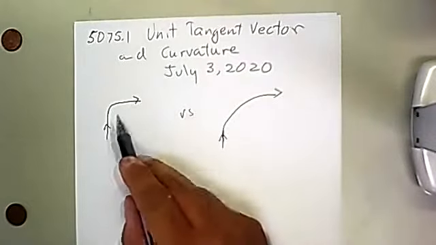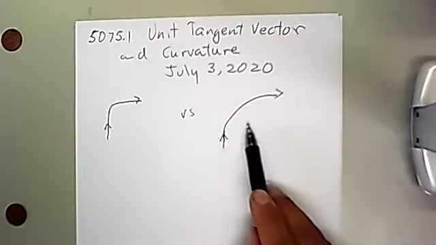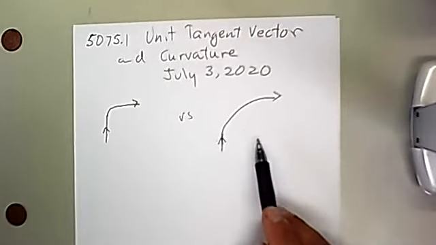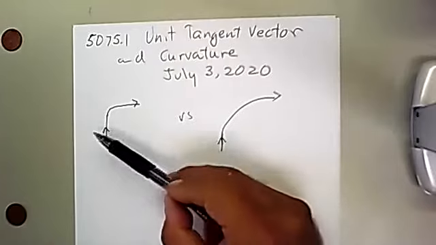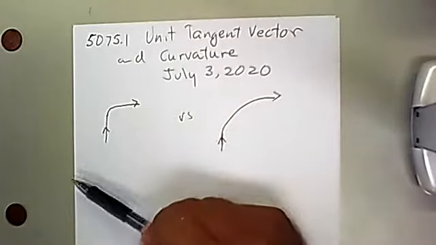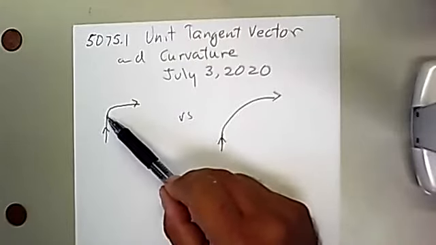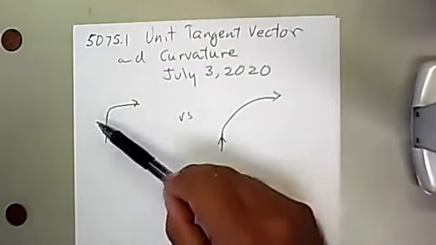So up, horizontal, up, horizontal. But of course, those two curves are very different. If you are riding a bicycle, for example, and you want to do this kind of curve, you might want to go slower because inertia is going to make you go straight.